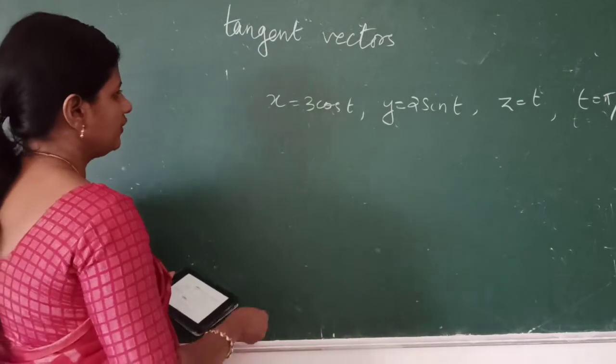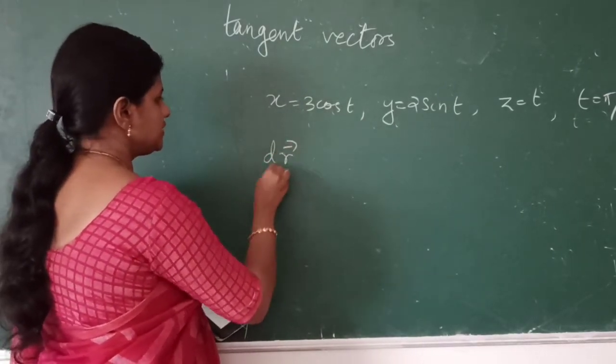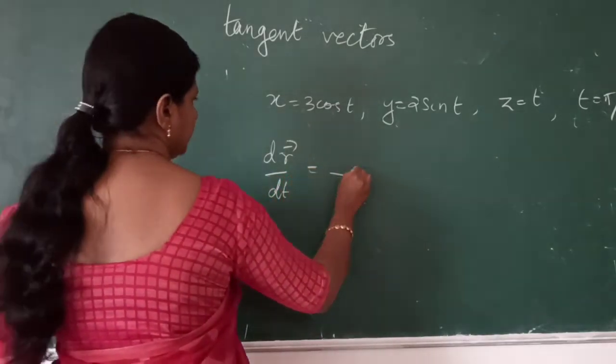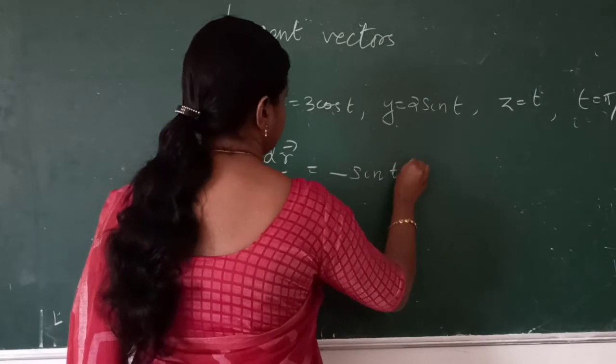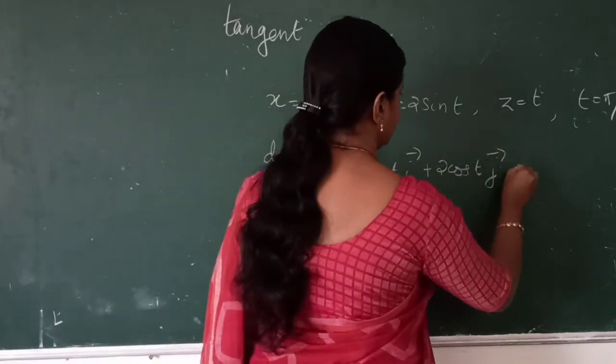So we have r of t is equal to this, then dr by dt is equal to minus sin t i plus 2 cos t j plus k.